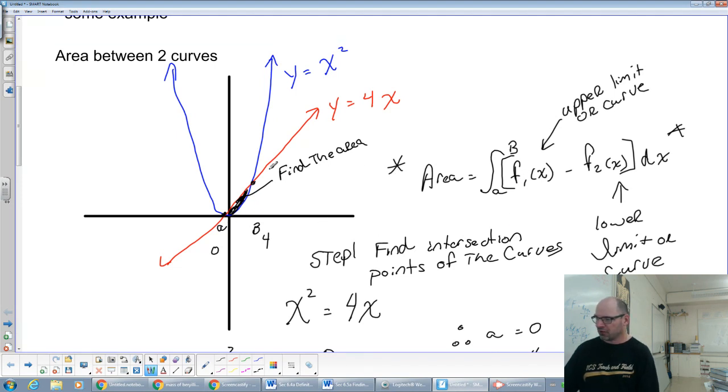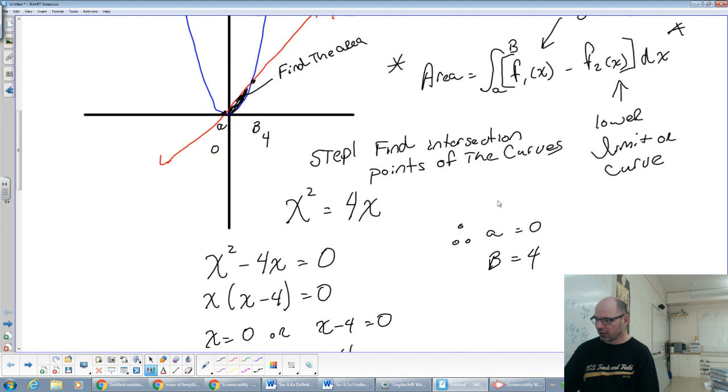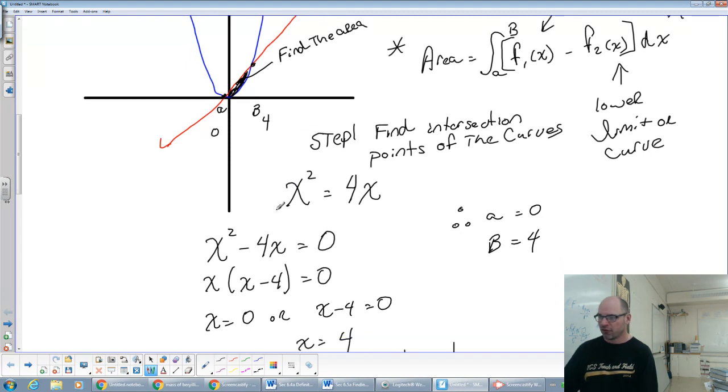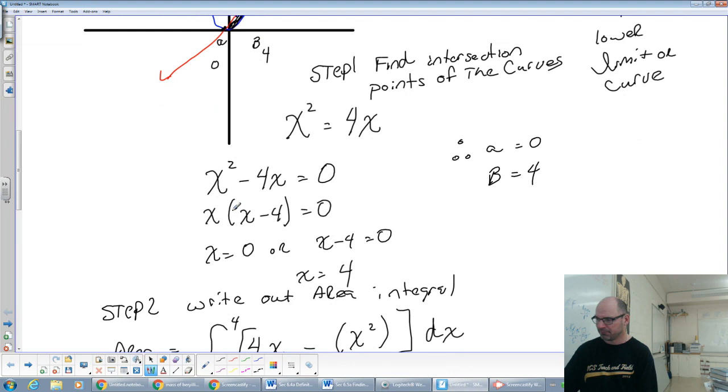And we're going to integrate the top curve, subtract the bottom curve. Okay, doing that. So in our case, we have to first, step one, find what those A and B intersection points are. So we take the two curves and equal them together, solve it for x, where x should have two intersection points in this case.